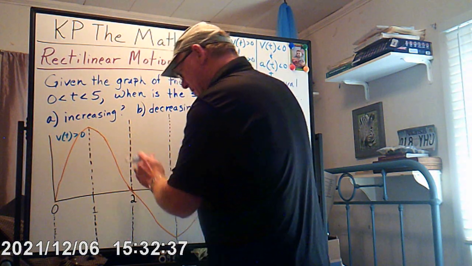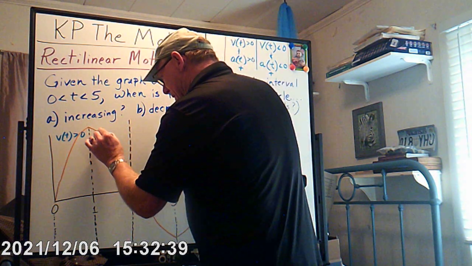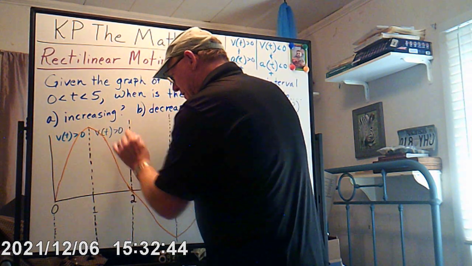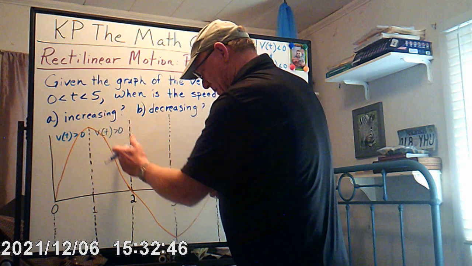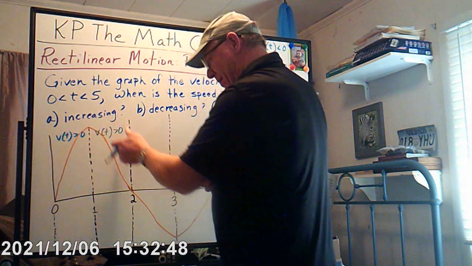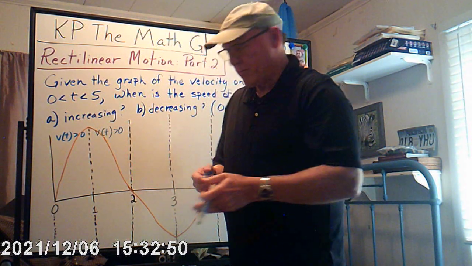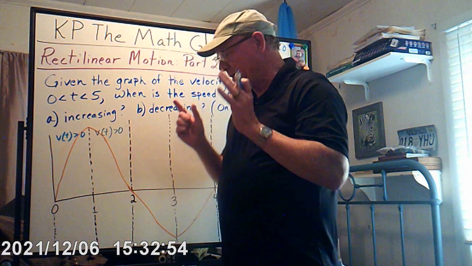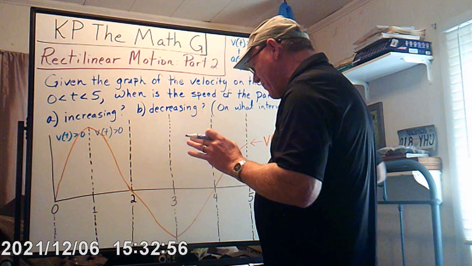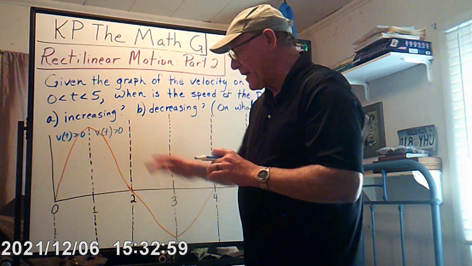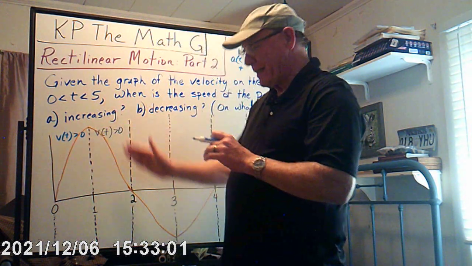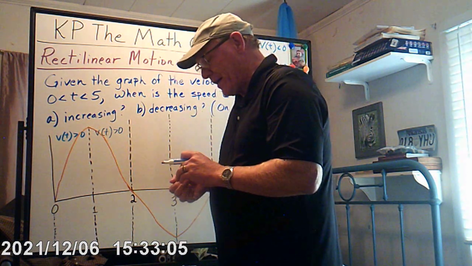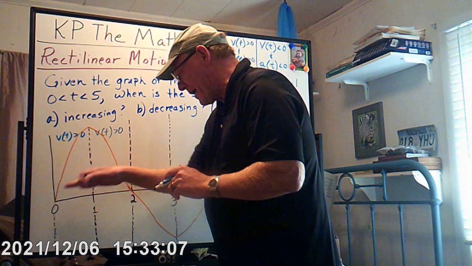It's also greater than 0 here, so v at t is greater than 0 as long as it's above, even though the graph itself appears to be decreasing. You've got to understand, as long as you're above this line here, we can't say the velocity is decreasing. We think it is, but it really is not.